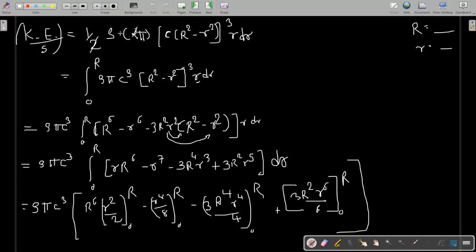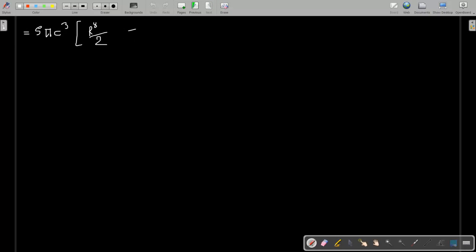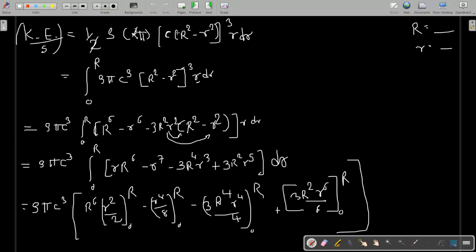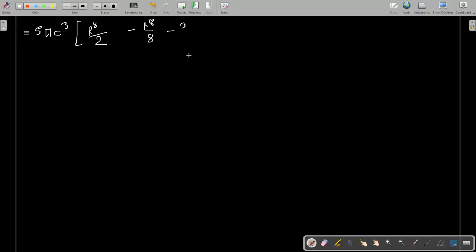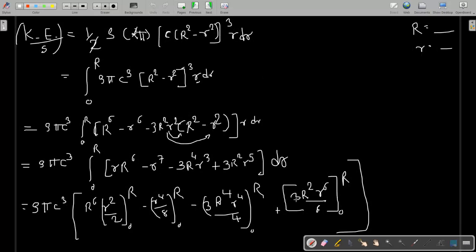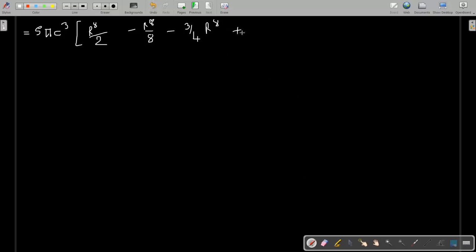Okay, capital R, I'm putting the value of capital R in place of small r here, minus capital R raised to 8 by 8, minus 3 by 4 into capital R raised to 8. This 3 by 6 will become 1 by 2, and this r power 6 and r power 2 will become r power 8. So r power 8 by 2.